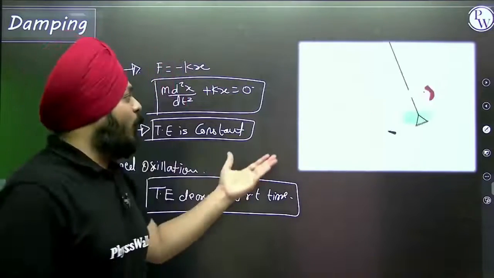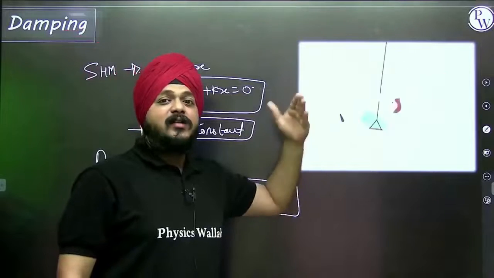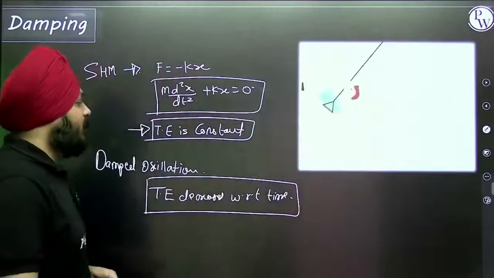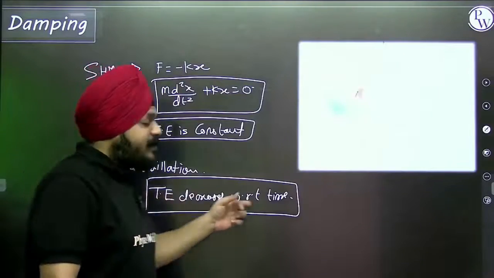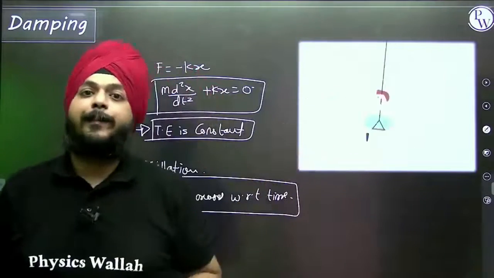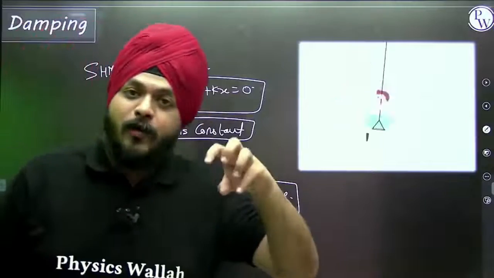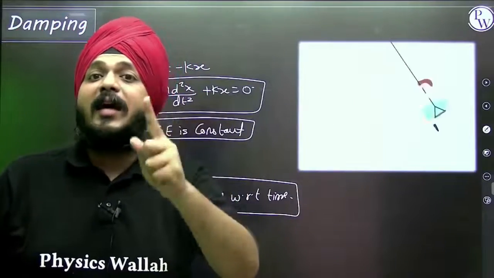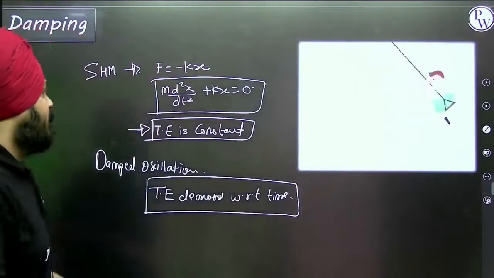One resistive force is acting that slowly acts against the motion of the particle, and that decreases the total energy with respect to time. And that dissipative resistive force acting is known as a damping force.